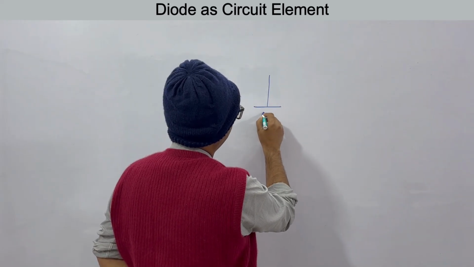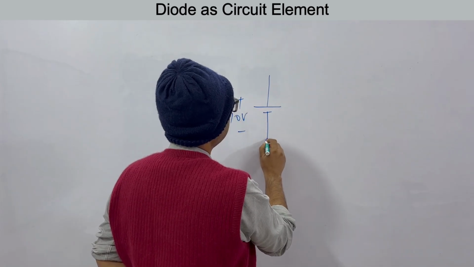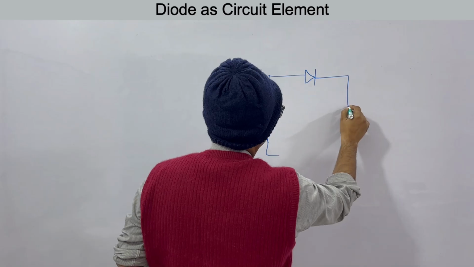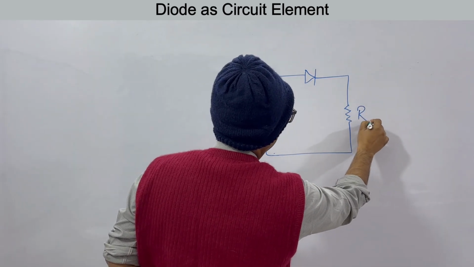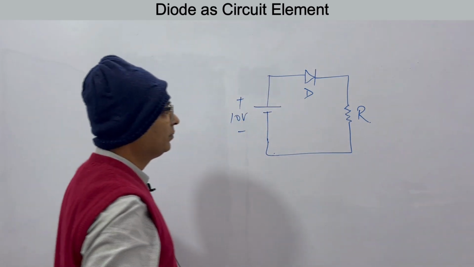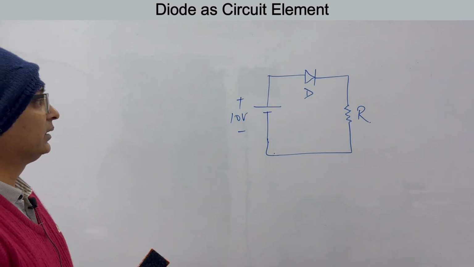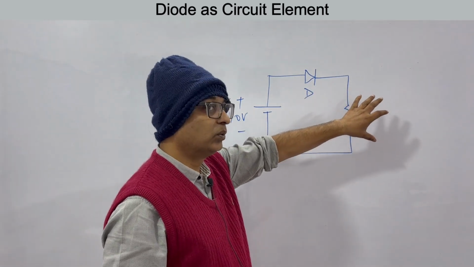Let's say this is a 10 volt source and we have a diode here and a load resistor R. I am not going into waveform reconstruction, that is, what is the waveform at the load.